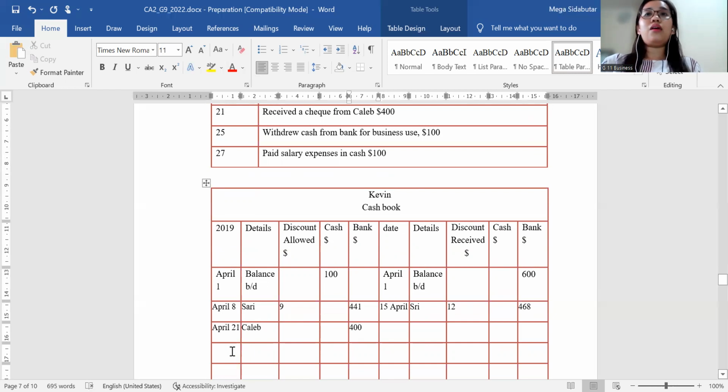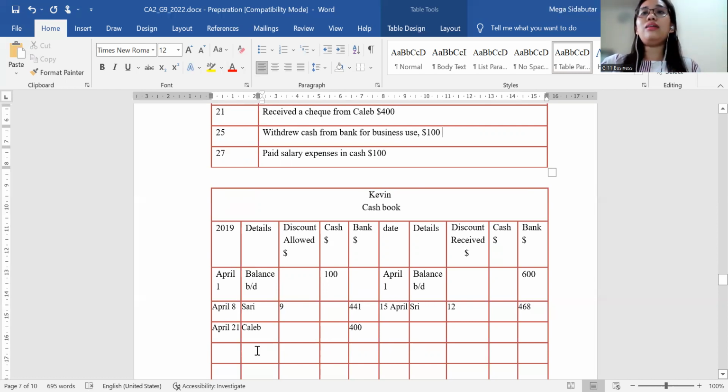Now we are going to 25, withdraw cash from the bank for business use. Be very careful with this one. It means we are taking cash, we are withdrawing money from the bank.